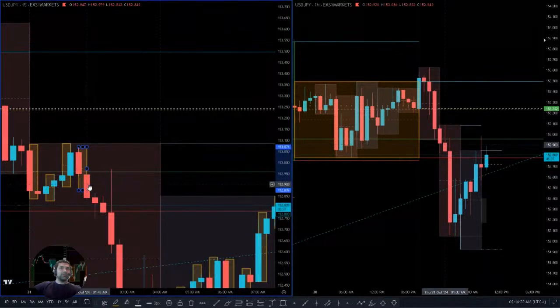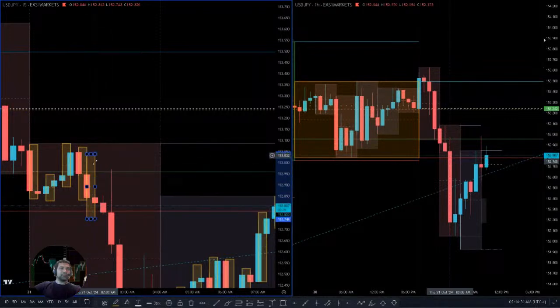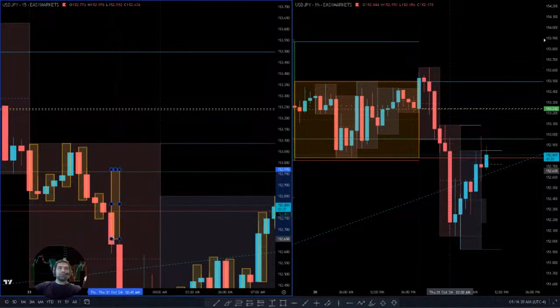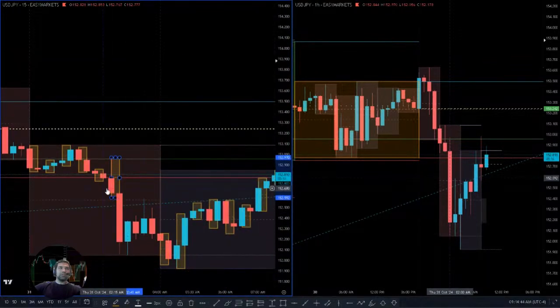And then the price went bullish first, price fell, ooh, that's crazy. See how much the price retraced back in here. It all happened at 2:30, right?